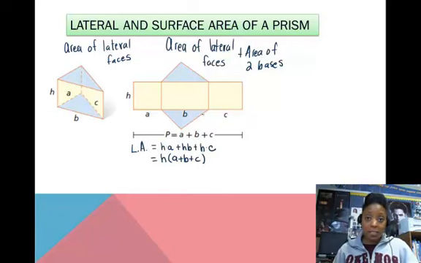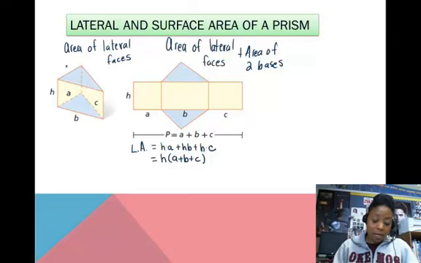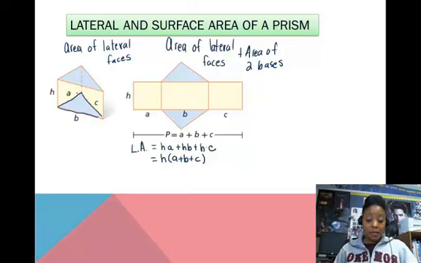But A plus B plus C is just the perimeter of this triangle. That's A, that's B, and that's C. So that's nothing more than the perimeter of the base.